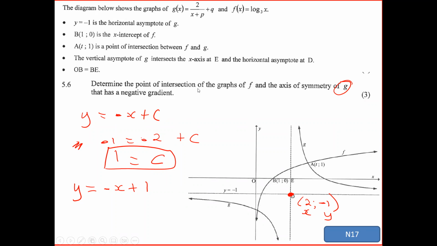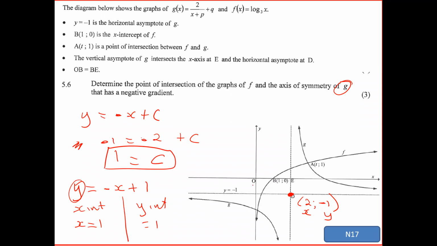But they want the point of intersection of F and G. So now, if we look at the graph, if the y-intercept is 1, okay, so we know that the x-intercept, we let y to be 0, will actually be x equal to 1. You can substitute 0 for y, and the minus x goes on the left, becomes x equal to 1. And then we also know that the y-intercept here would be 1.